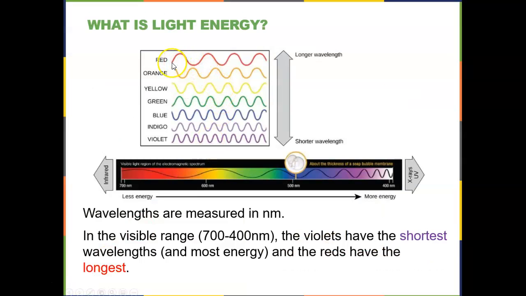So here we see the red, which has longer wavelengths, and the violet, which has shorter. Violet has more energy, red has less energy. The visible spectrum runs from 700 nanometers, which is in the red range, all the way to 400 nanometers, which is in the violet range.